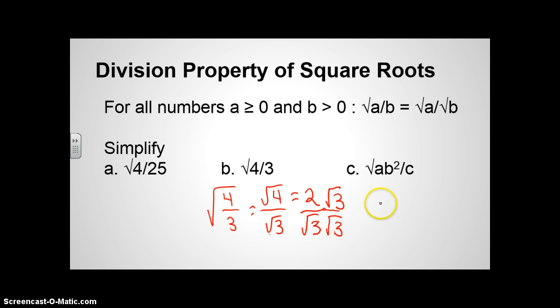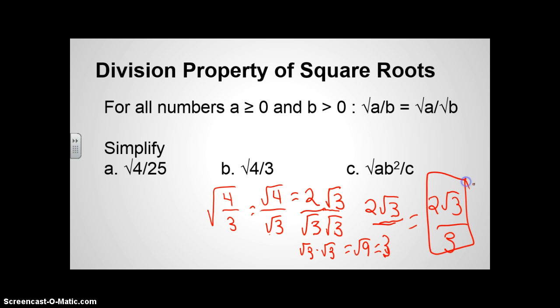So the square root of 3 times the square root of 3 gives me the square root of 9, which becomes 3. And then the top will just be 2 times the square root of 3, all over 3. So my final answer for B is 2 times the square root of 3 over 3.